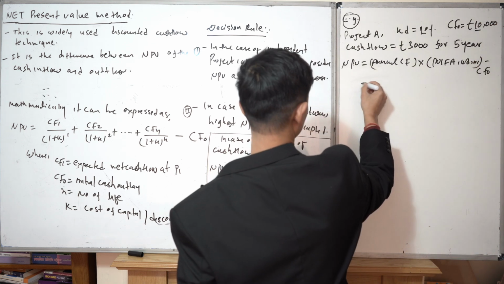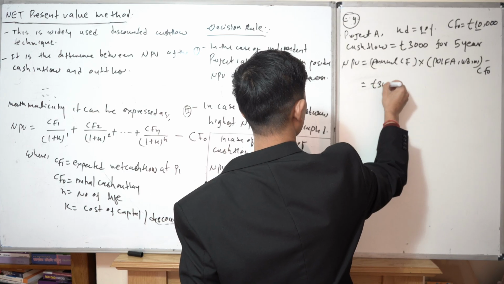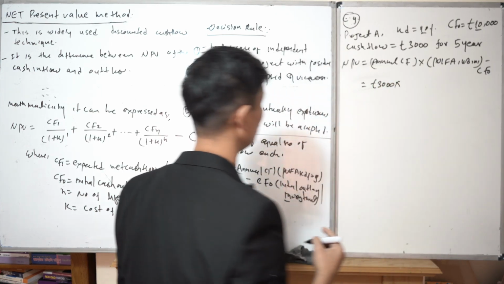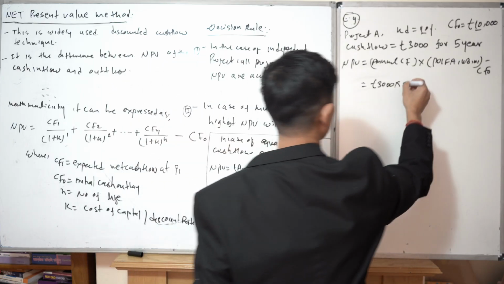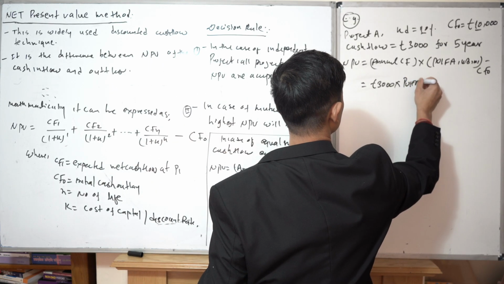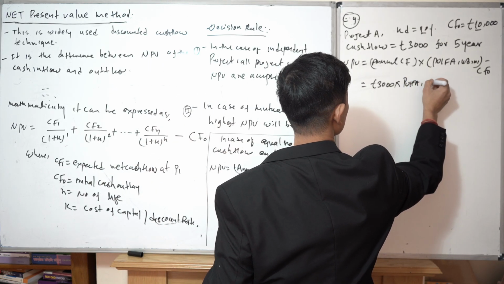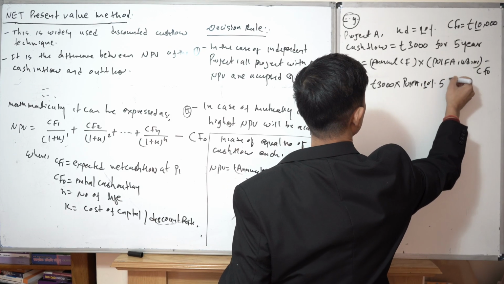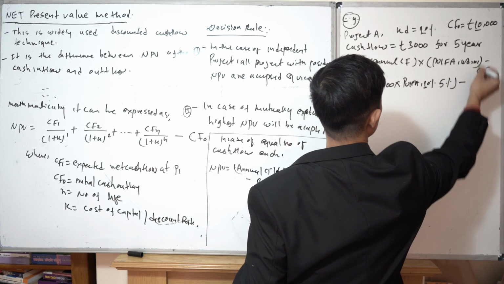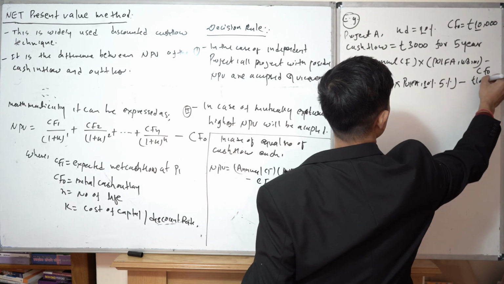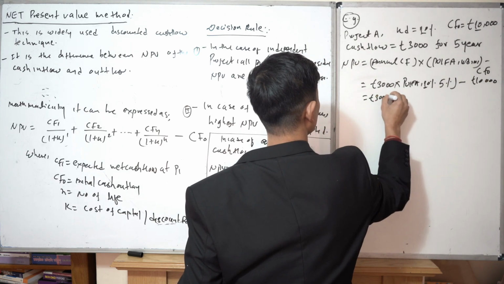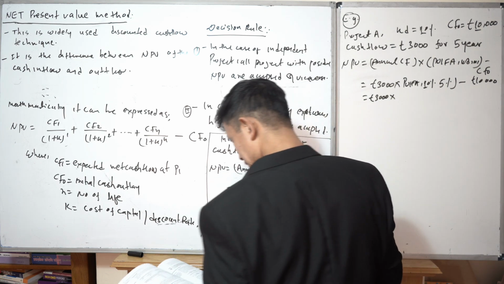So annual cash flow was 3,000. If you look in the financial table, the present value interest factor for cost of debt 10% and number of years 5, and cash flow 0 is £10,000. So 3,000 multiplied by what do we get as the result here?